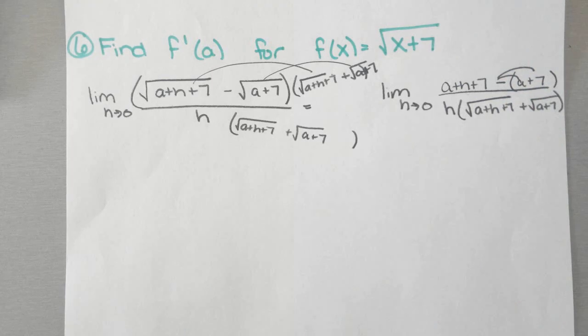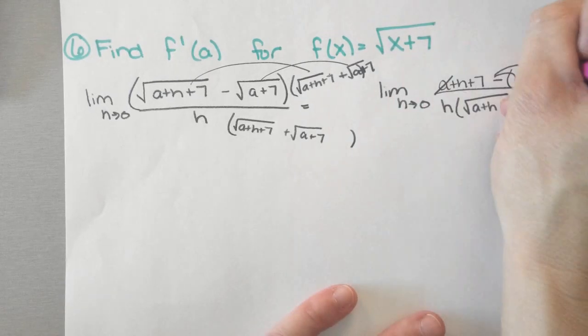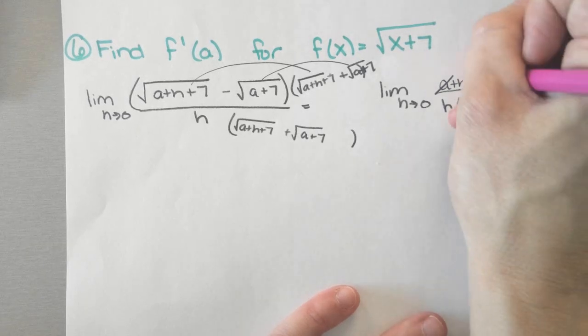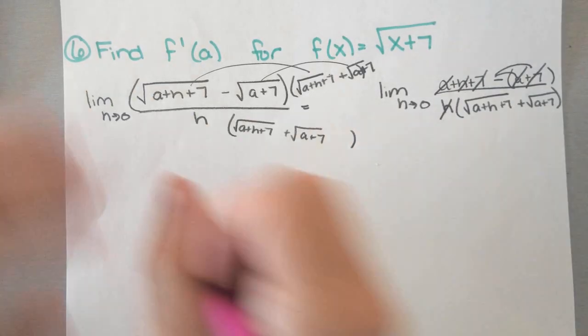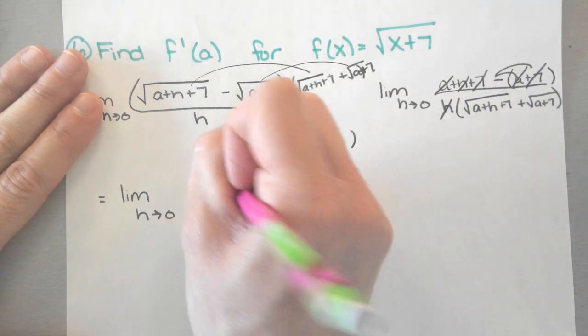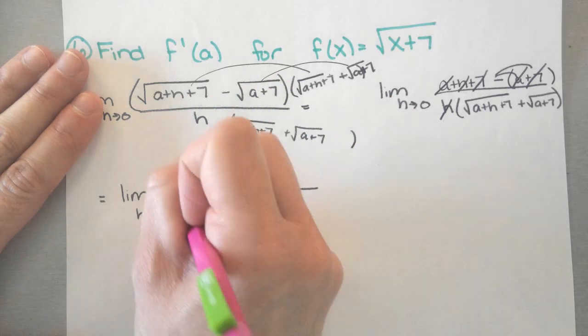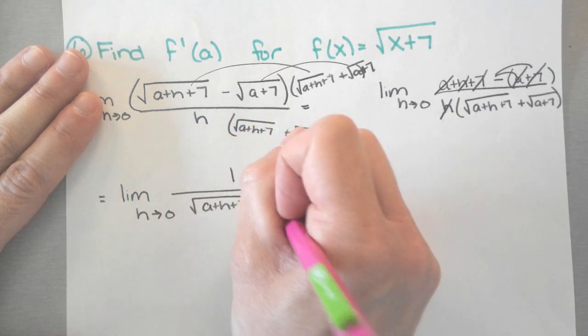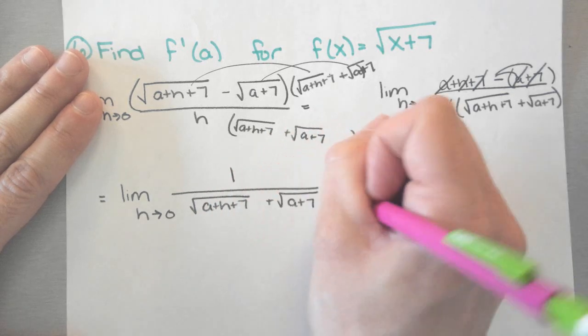So what cancels? The a's, the 7's, and I just have an h, which can cancel with the h in the denominator. Limit as h approaches 0. We have a 1 in the top to hold the fraction in place. In the denominator, square root of a plus h plus 7 plus square root of a plus 7.